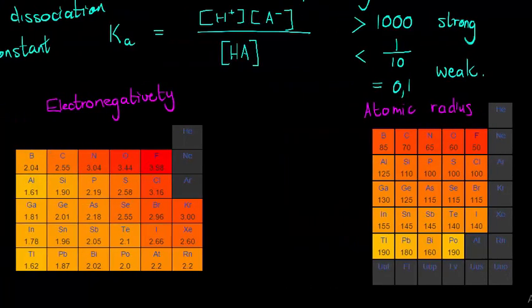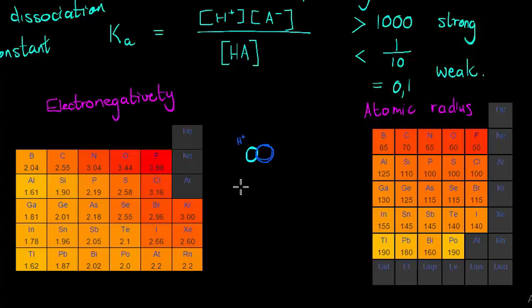Again, we're looking at a bond between hydrogen and some anion. What is going to affect the strength of the bond between these two? The stronger the bond is, the more difficult it is for the hydrogen to be donated.